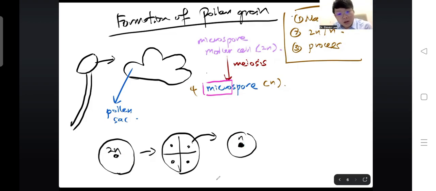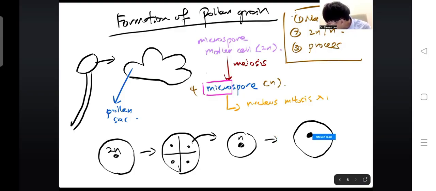What happened is the nucleus of the microspore will undergo mitosis 1 time. That means, this is something very important. The nucleus of the microspore will undergo mitosis 1 time. Which means now they produce something that has 2 nuclei. Each of the nucleus is haploid lah, because they use mitosis lah.